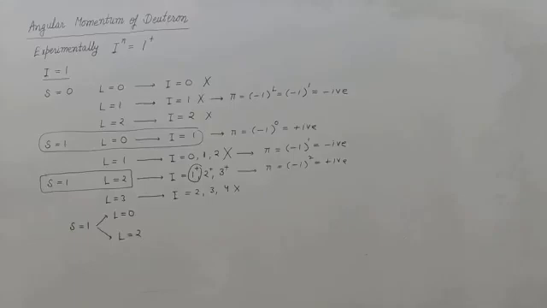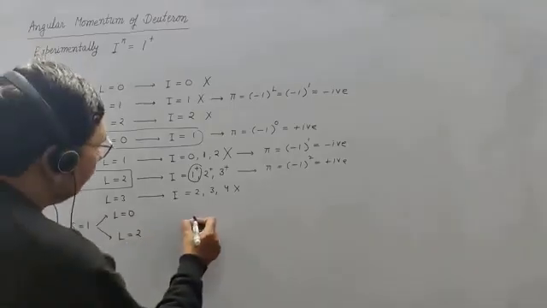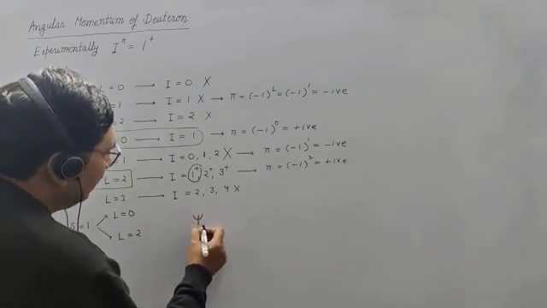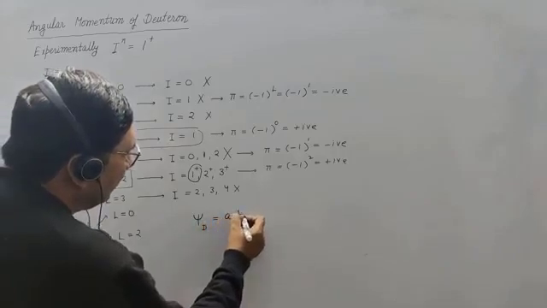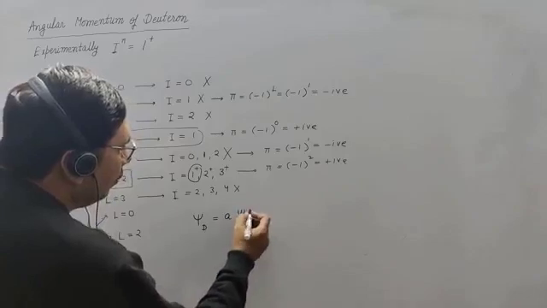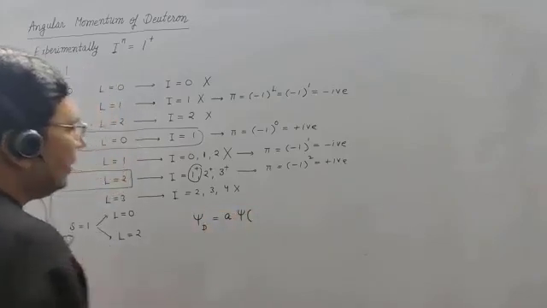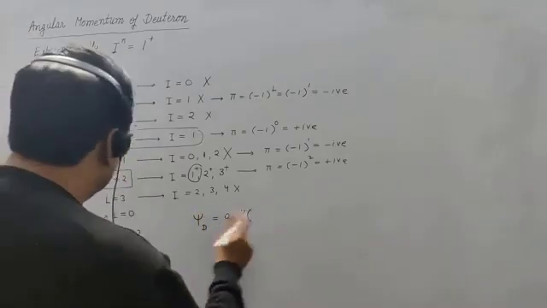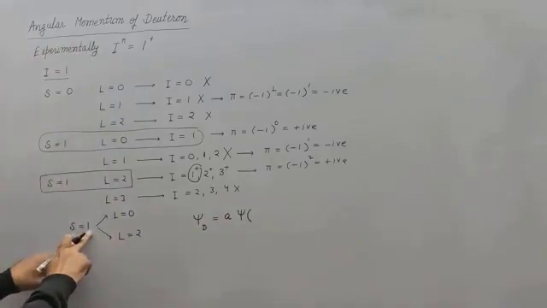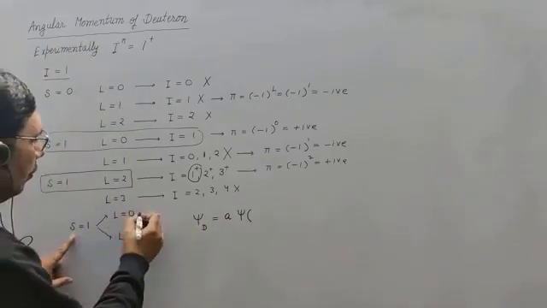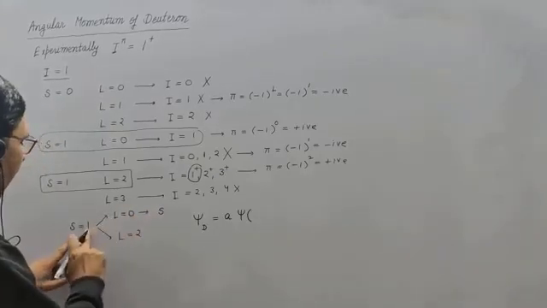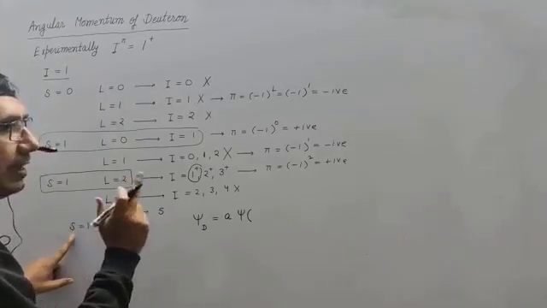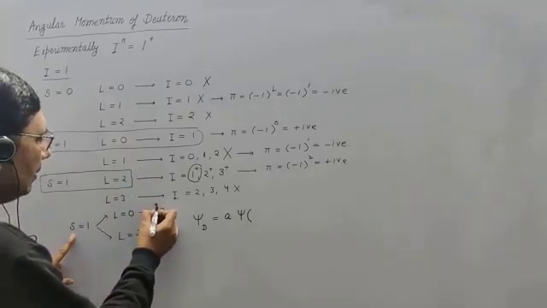So with these two states, it is possible that the ground state of the deuterium nuclei, psi d, is made up of two states. It is a combination of two states. One state corresponding to S equal to 1, L equal to 0. What will be the state? This will be S. Its multiplicity will be 2S plus 1, so this will be 3.